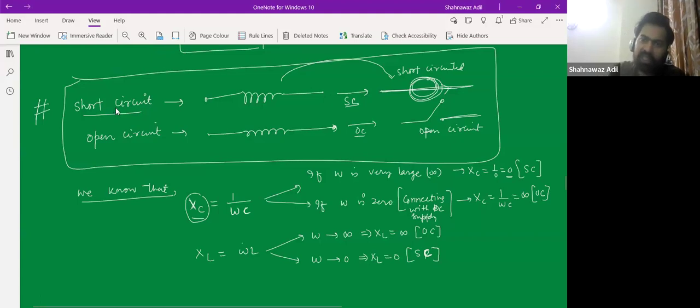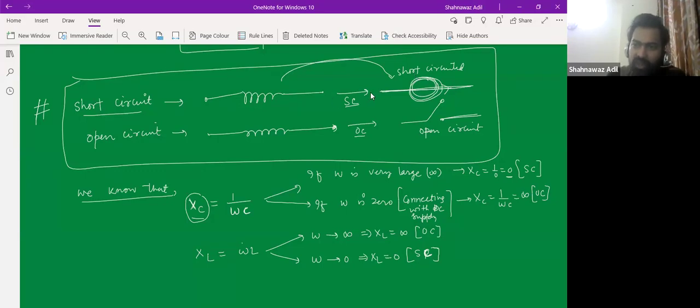Short circuit is when the current is passing, but no resistance is provided. The current is passing through this circuit, so that would be called short circuit.